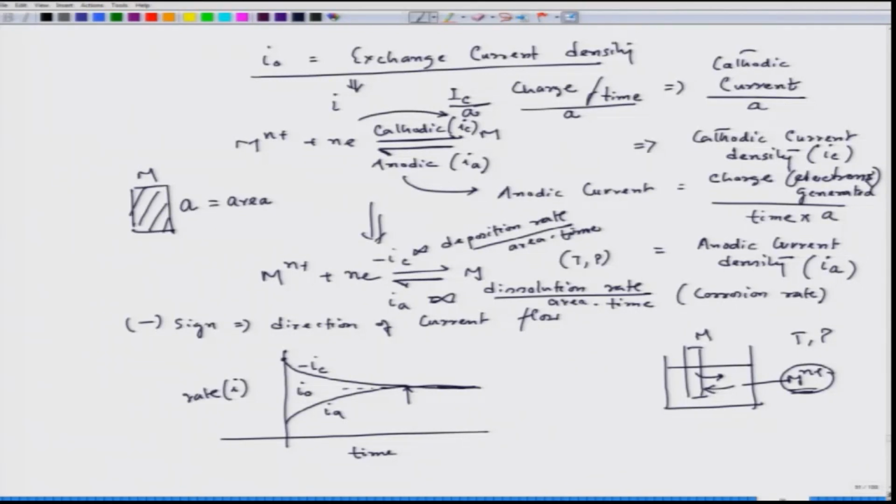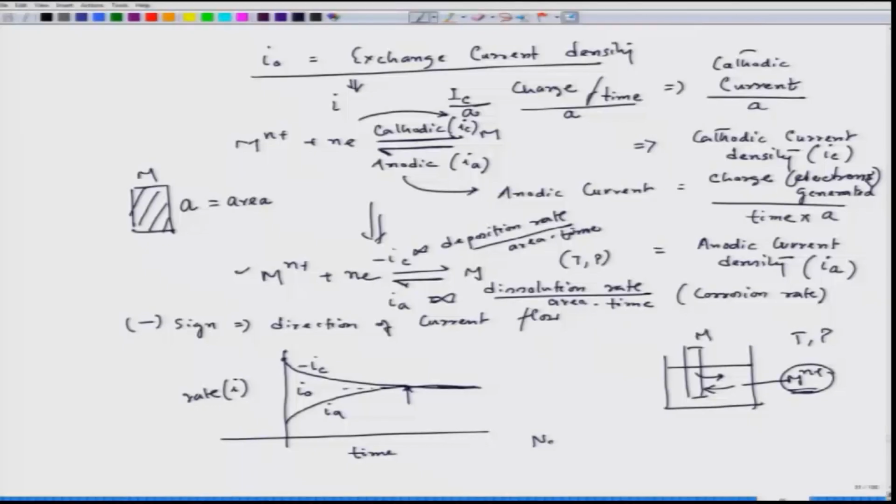Interestingly, when we reach this equilibrium, do we get the dissolution or deposition to be different? No, they are the same, and that situation is called a non-corroding system. The metal is not dissolving preferentially, nor is the deposition going on preferentially. Both are happening at the same rate. Whatever metal is dissolving, that amount is going back and depositing on the metal surface.